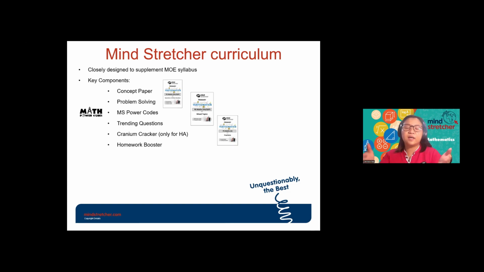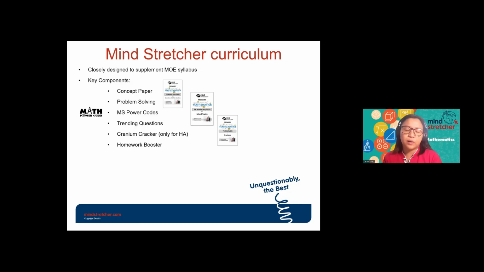So we cover the basic concepts in the concept paper, we teach you how to solve usual problems using the usual heuristics, where you need to learn the appropriate strategy. That's the Power Codes. And we also prepare you for the non-routine questions using training question worksheets.